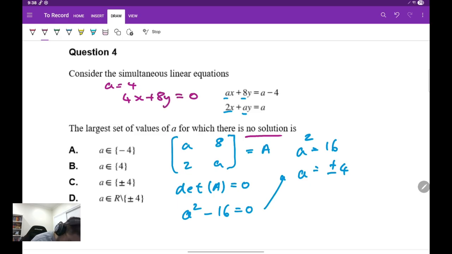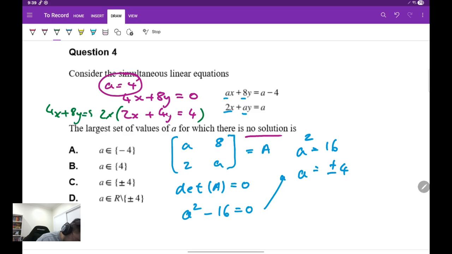And the other equation is 2x plus 4y is equal to 4. So for a is equal to 4, they're not multiples of each other. In other words, if we multiply this by 2, we get 4x plus 8y is equal to 8, which means that they do not meet. They've got different gradients, and that means a is equal to 4 gives us no solutions.